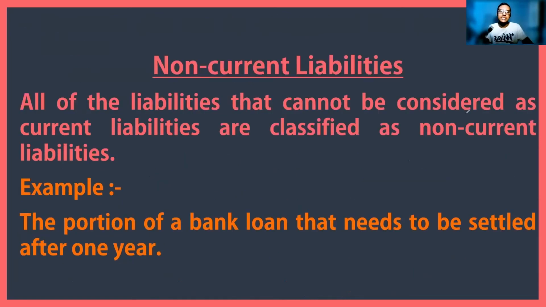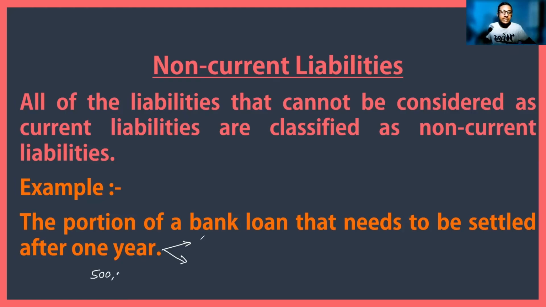Liabilities that cannot be considered current are classified as non-current liabilities. We had the same definition for non-current assets, if you can remember. For example, the portion of a bank loan that needs to be settled after 1 year. Let's take a bank loan worth 500,000, say 500 for an example.